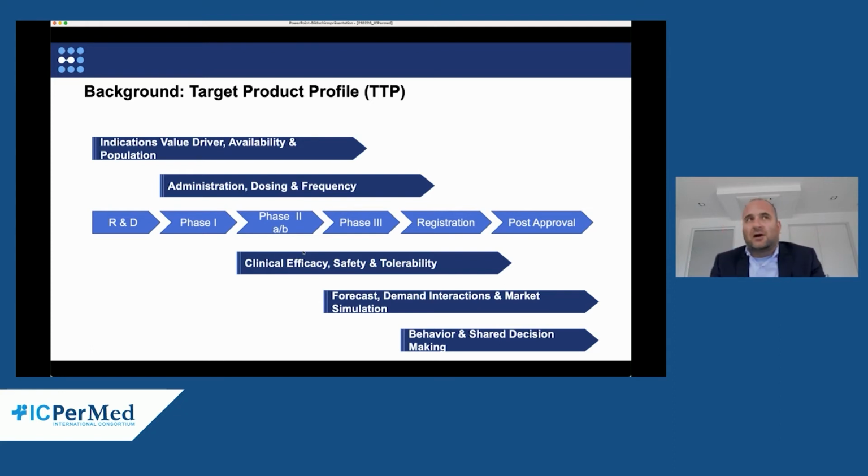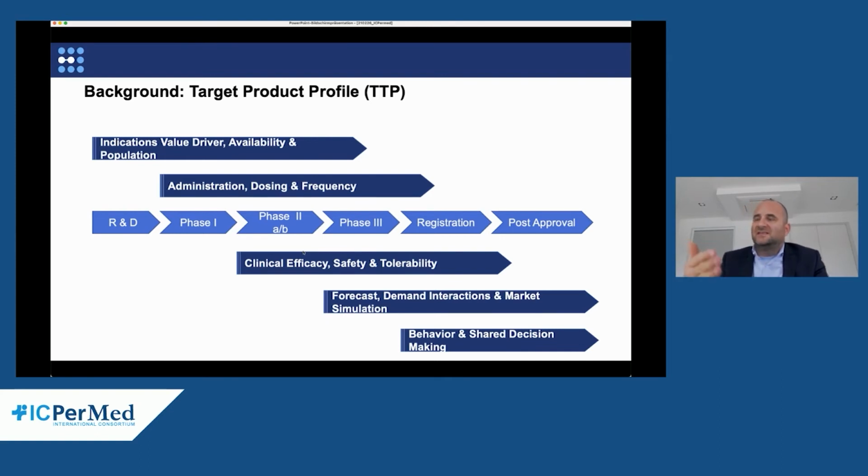So if you look at R&D, and if we for example take a target product profile, which is actually looking at the effects, the ones which are favored, the ones which are unfavored, and is written and precisely documented how a certain compound is being moved forward, well, the question is, what are actually the indications, value drivers?